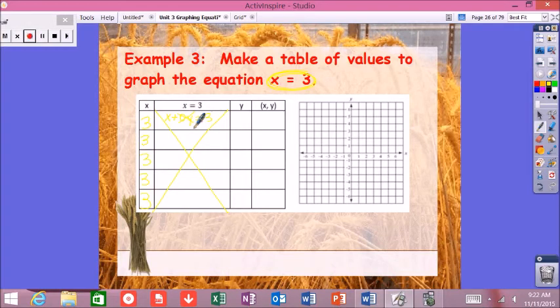So any time you plug in for y and solve, it's going to cancel out. You're going to have x. So I could actually move my inputs over there where the y would be, where we would normally put in for x. So negative 2, negative 1, 0, 1, and 2.